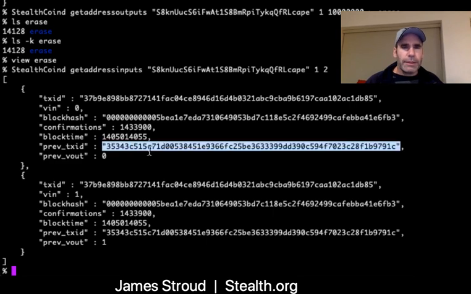then the input points back to the output that's spent. So the inputs and outputs are matched. The input follows the output, and the input that follows the output is matched to the preceding one. The input is not matched to the next output, because the idea is the inputs can be mixed into different outputs.